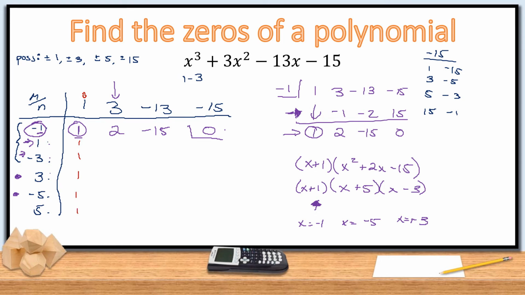So that would be 1 across the board. 1 times 1 is 1, plus 3 is 4. 4 times 1 is 4, minus 13 is negative 9. Negative 9 times 1 is negative 9, minus 15 is negative 24. So not a 0. So same thing with minus 3.